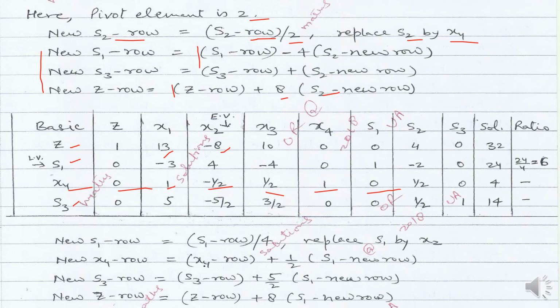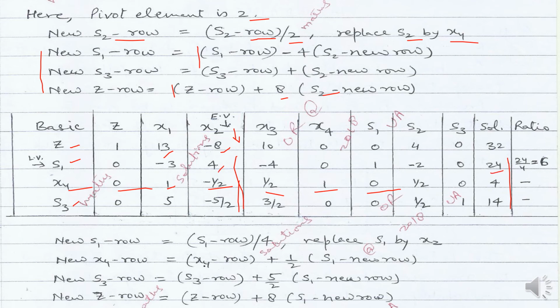We decide the entering variable by selecting the most negative element in Z row. So the most negative element in Z row is -8, and this becomes the entering variable, and this becomes our pivot column, and we find the leaving variable by dividing the solution elements by the corresponding pivot column elements.